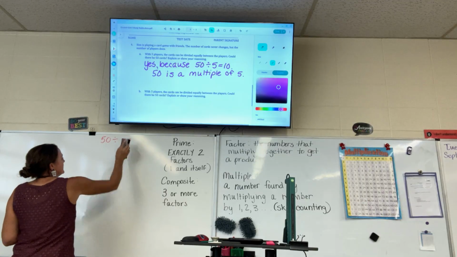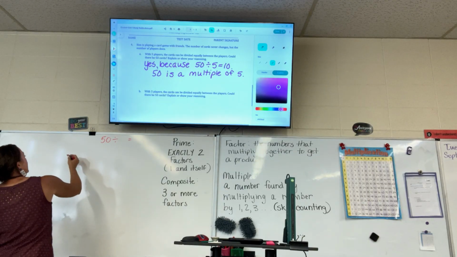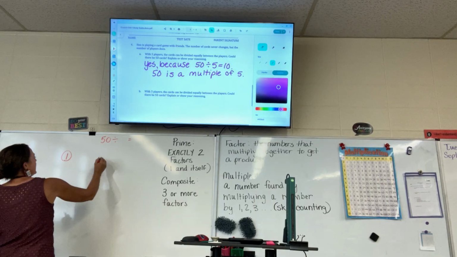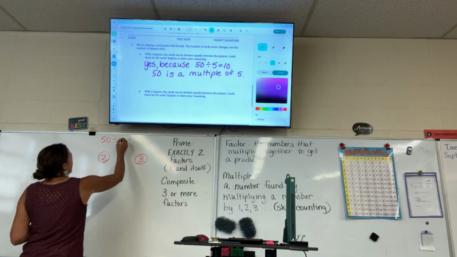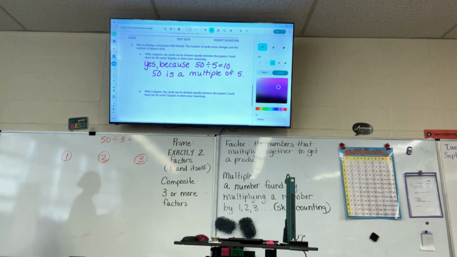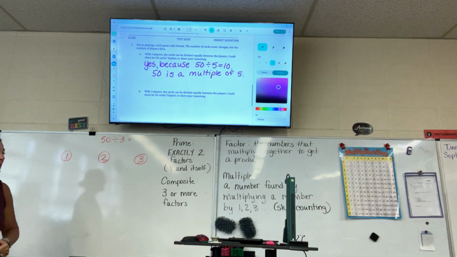The next one says, if only 3 players are playing this time, and they all get the same amount of cards, could there be 50 cards? So in other words, if we're skip counting by 3s, would we eventually say 50?